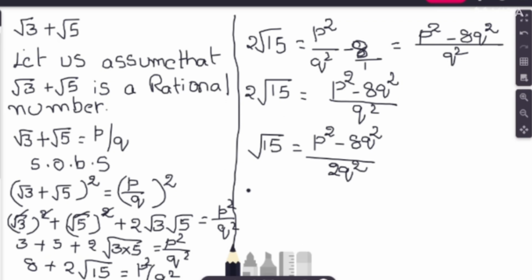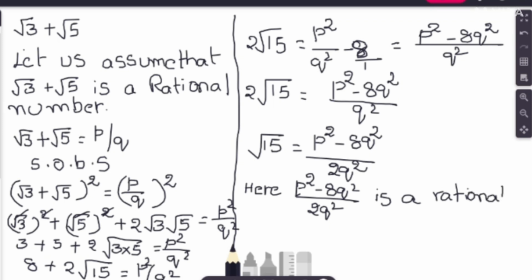So here what we have to write is: p square minus 8q square by 2q square is a rational number, but root 15 is an irrational number.